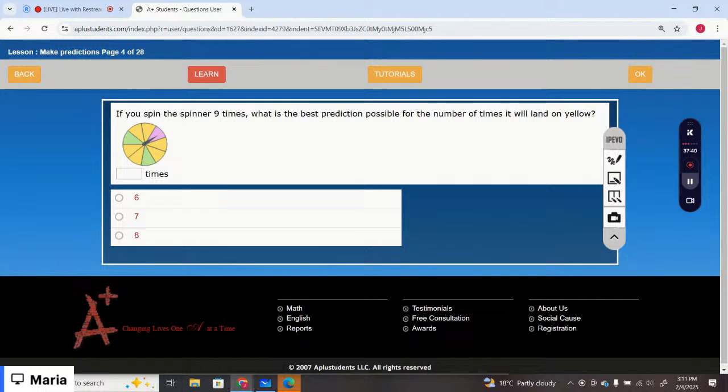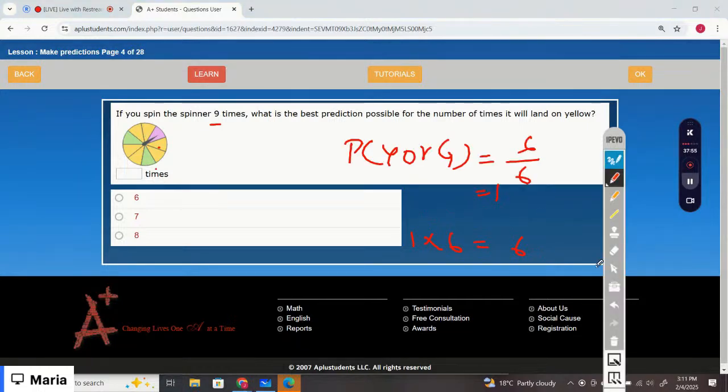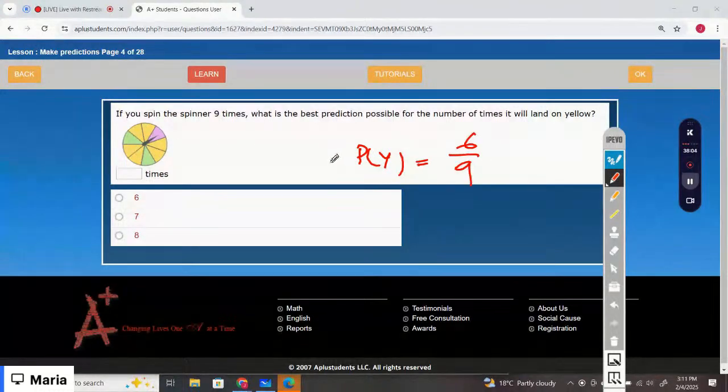If you spin the spinner 9 times, what is the best prediction possible for the number of times it will land on yellow? You need to calculate the probability of yellow first. 1, 2, 3, 4, 5, 6. That is 6 out of 9, right? So now you did that 9 times. So 6 out of 9 times 9, the 9 and 9 cancel out.